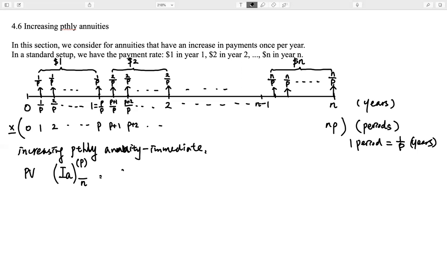It is read as I A upper P angle n. So this is how you can pronounce this notation. Obviously, it is a present value, so it will be the value at time 0.